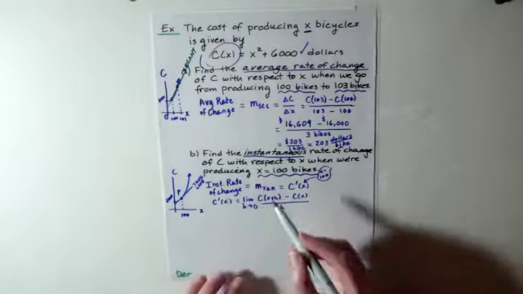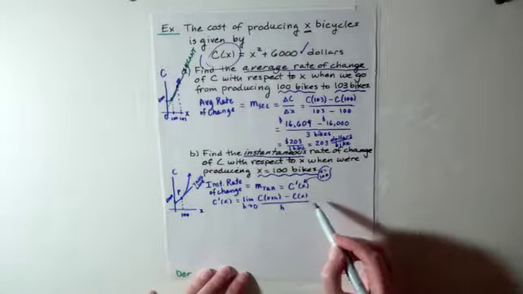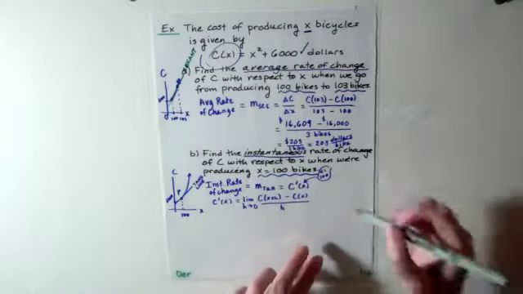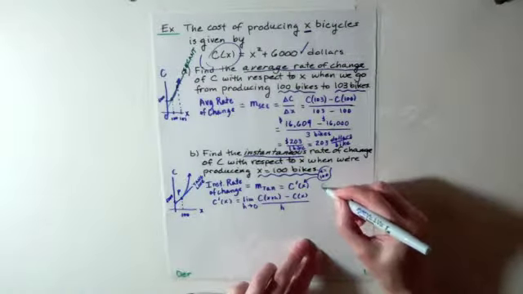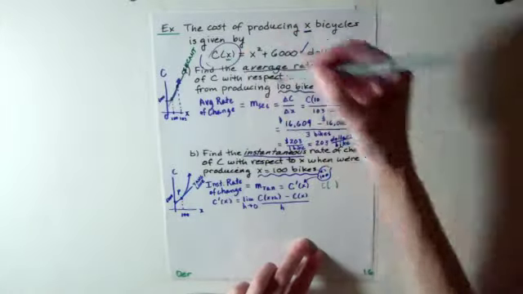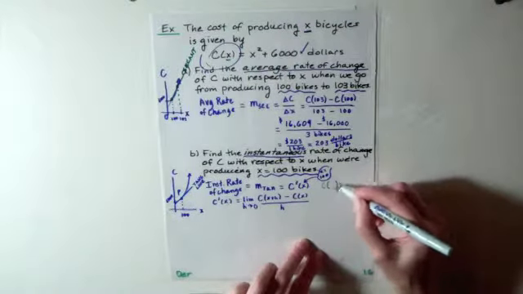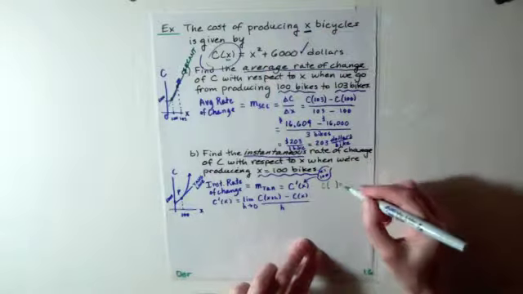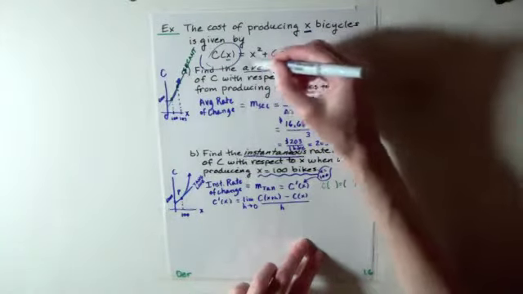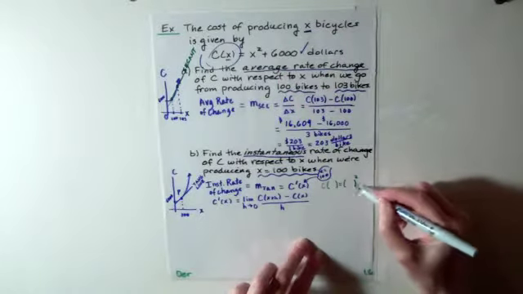Well, we have to figure out what c of x plus h and c of x are for this particular function. And keep in mind, I'll just do this on the side here, that c of whatever I plug into this function, whatever my x is, so c of empty parentheses, I'm just going to replace all the x's I see on the right, there's only one of them, with a set of empty parentheses.